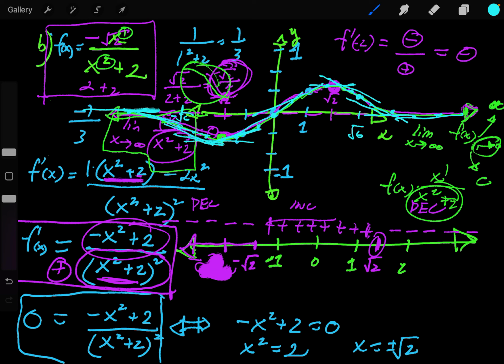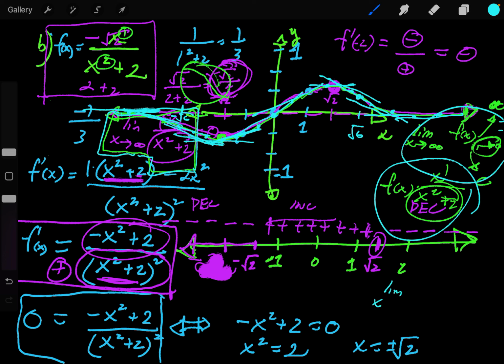The most difficult part of this problem is for sure the fact that you needed to remember from pre-calculus that there's a horizontal asymptote here. But now that we have limits, we should see that the limit as x goes to infinity of this function, x over x squared plus 2, equals 0.